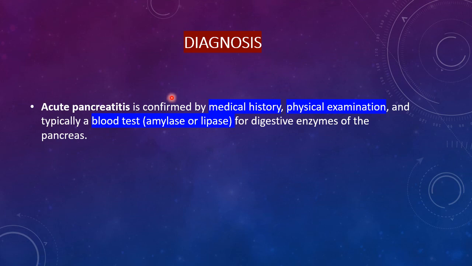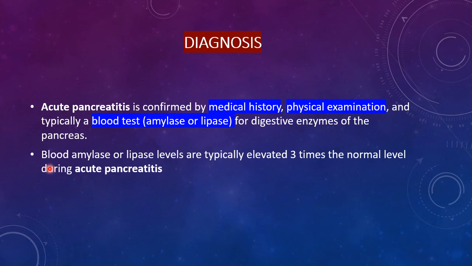Okay, these are the three things that you do to diagnose acute pancreatitis. The blood amylase or lipase are typically elevated 3 times the normal level during acute pancreatitis. Okay, this is important.